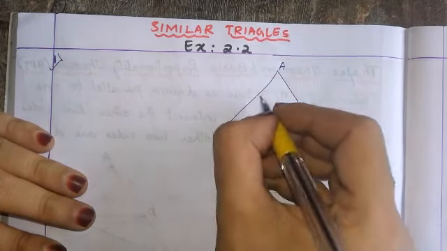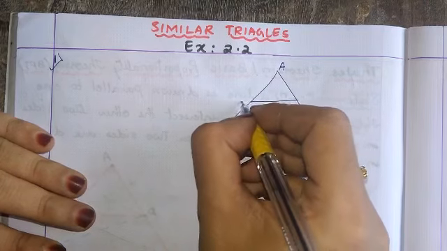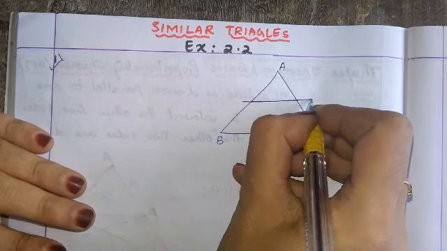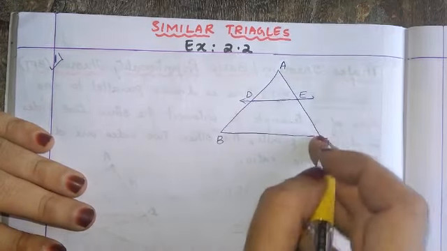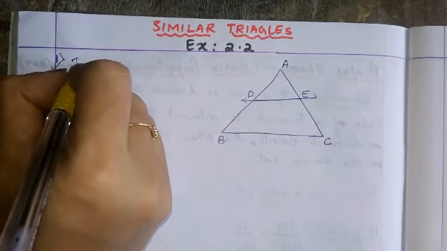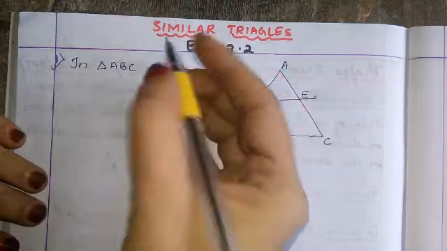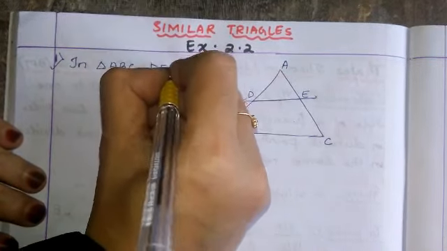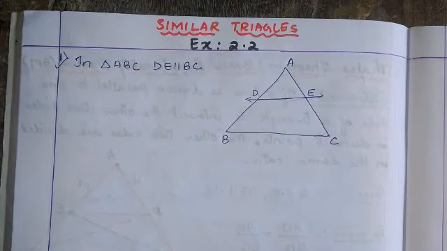What they have given: in triangle ABC, DE is parallel to BC. I'll use a different pen.